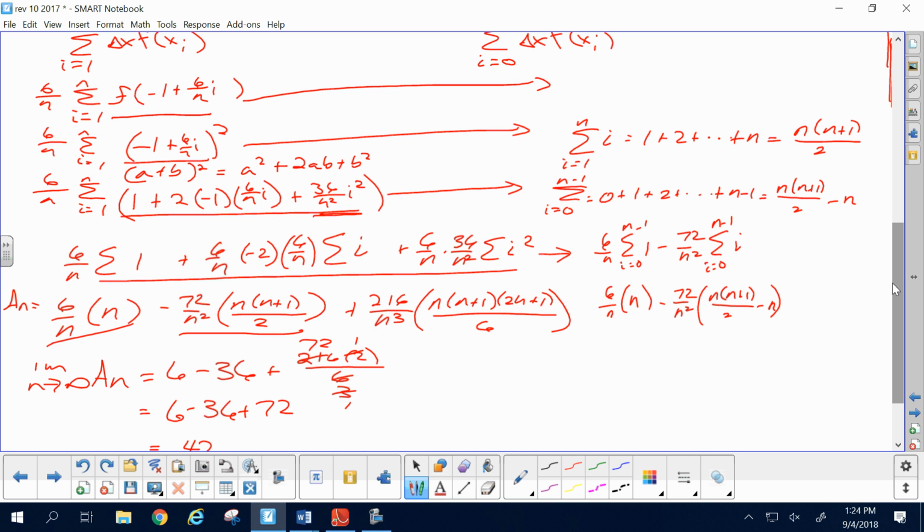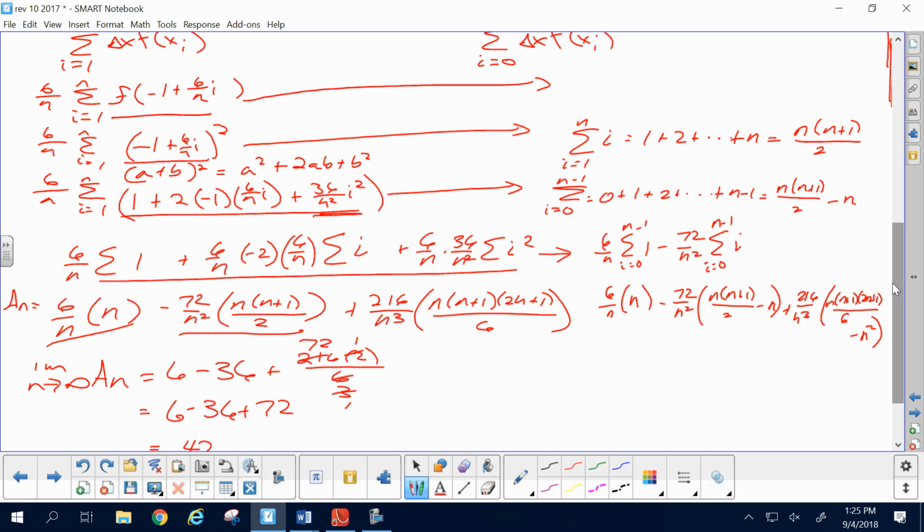Likewise, this 216 over n cubed, it's like the normal sum of squares, n times n plus 1 times 2n plus 1 over 6, but without the last term. What's the last term in the sum of squares? You never see n squared last, right?